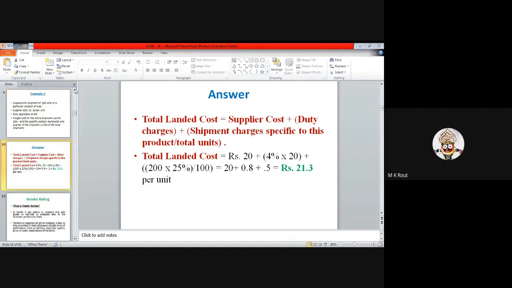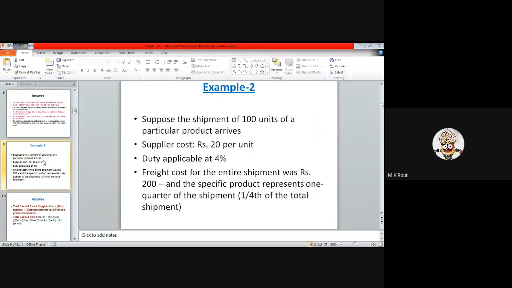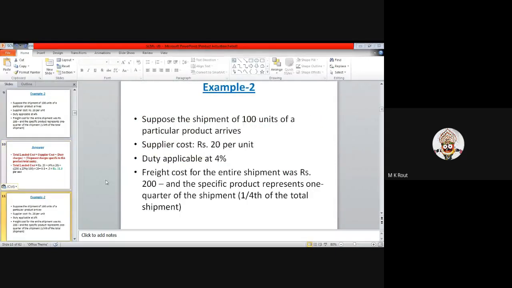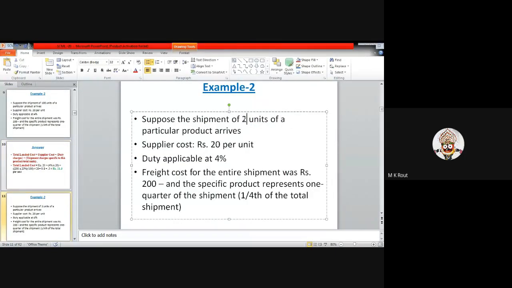I'll give you another example. Try to solve this one. It is the same question, but I will change the values: the supplier cost is 25 and the duty is 5%. Calculate the landed cost.